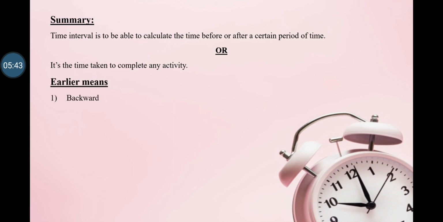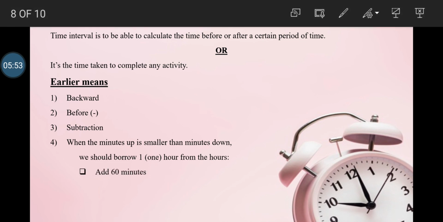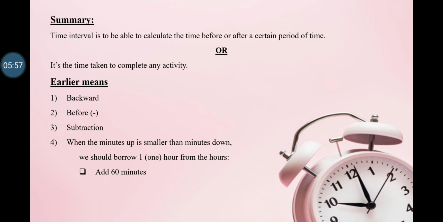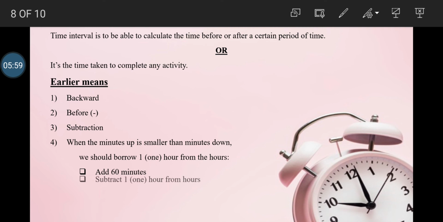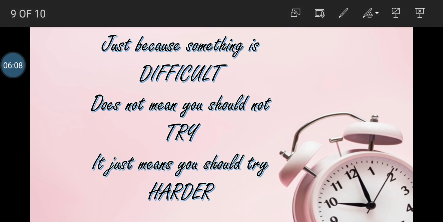Earlier means backward, before, subtraction, and when the minutes up are smaller than the minutes down, then what should we do? We have to borrow 1 from the hours, add 60 to the minutes, and subtract 1 hour from the hours.